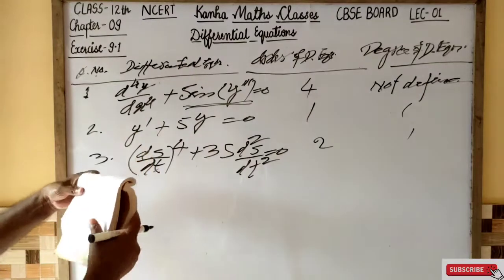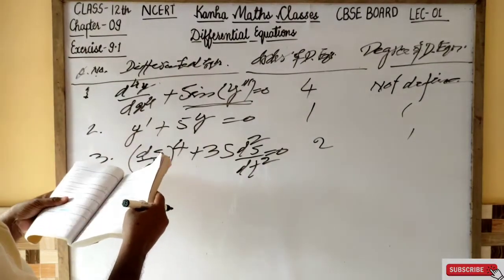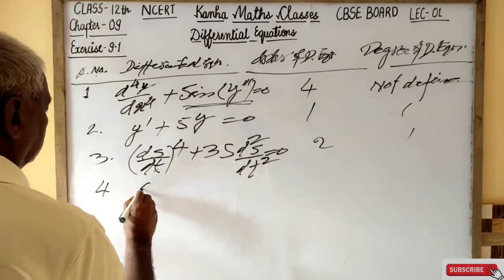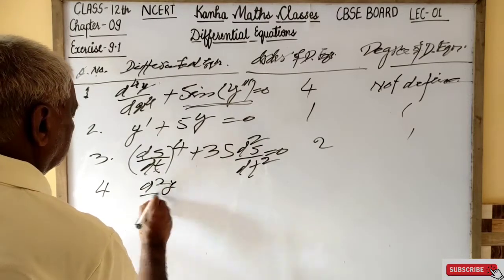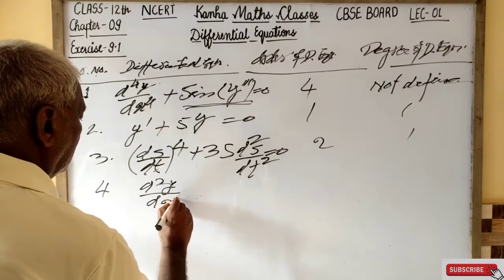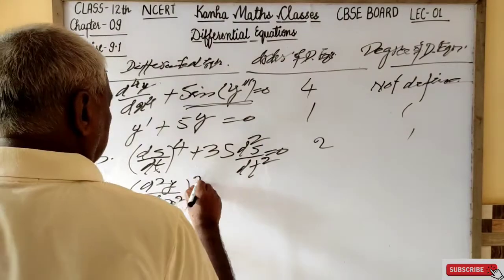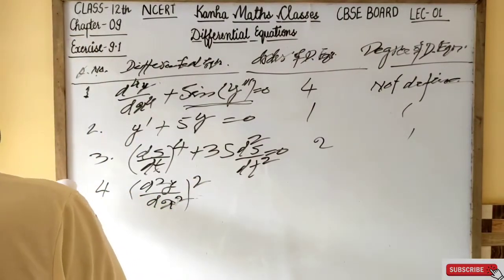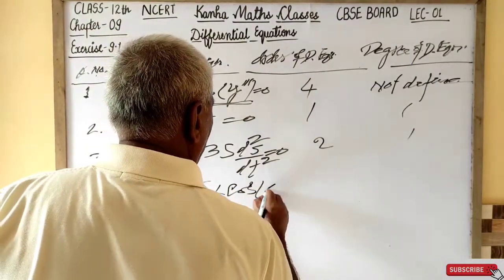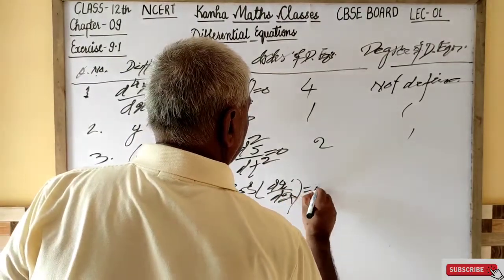Now the fourth question is (d square y dx square) whole square plus cos of dy by dx is 0.